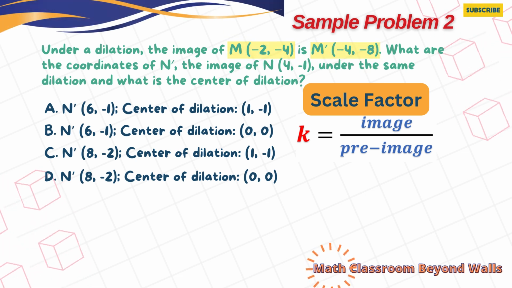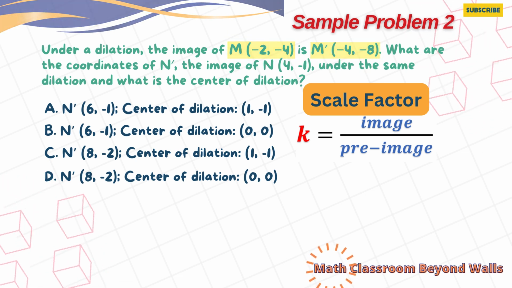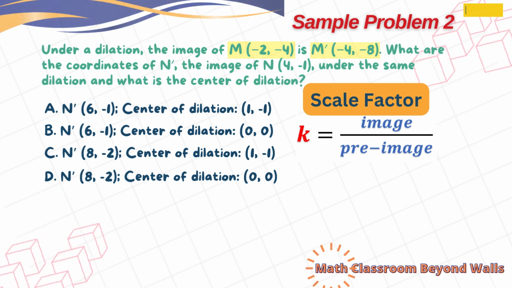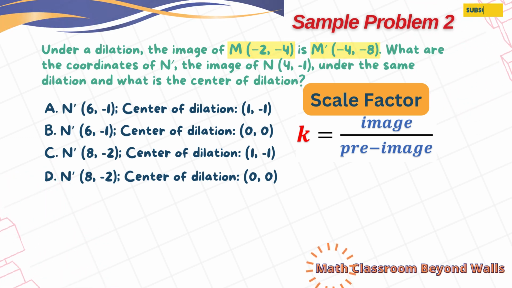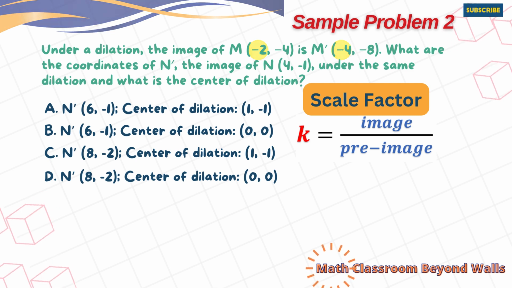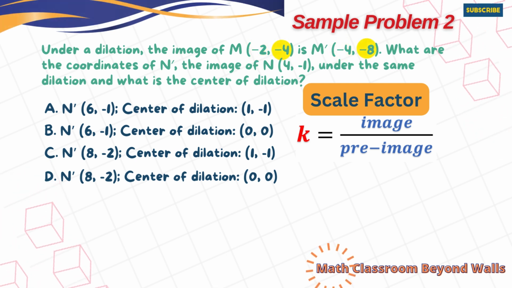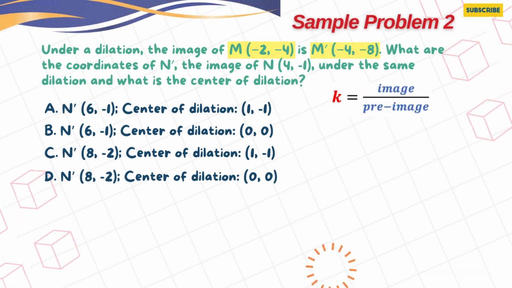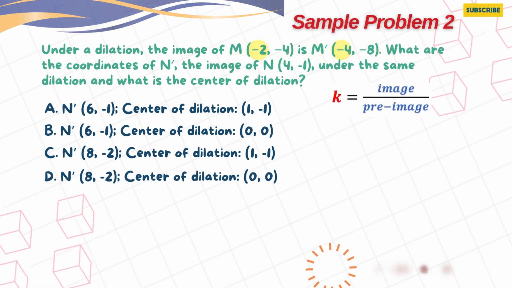So we will use the coordinates of the corresponding points M and M prime since these are given. We can use either the x coordinates or the y coordinates of the corresponding points in getting the scale factor. We will use the x coordinates.